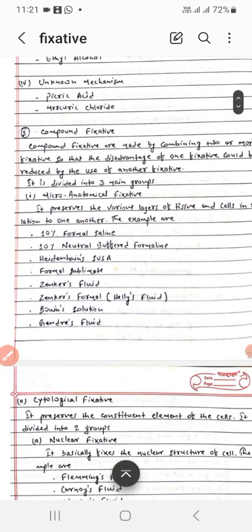Now let us study about microanatomical fixative.